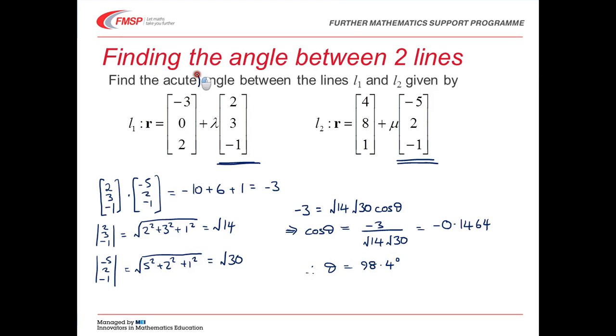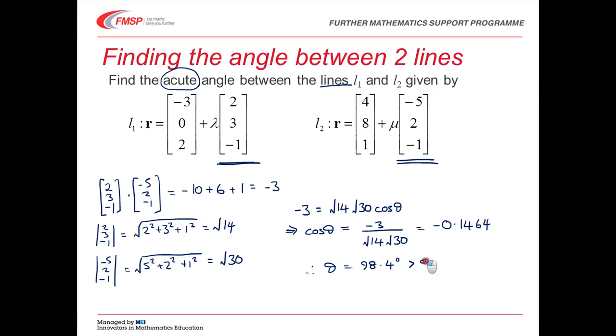However, we were asked to find the acute angle between the lines as opposed to the angle as defined between these two particular vectors. And of course the lines didn't need to be defined with those two vectors, they could have been defined with vectors going the other way round.